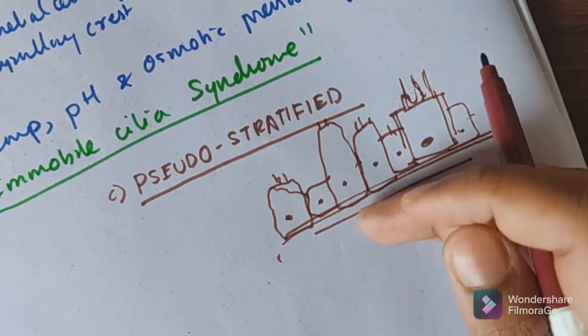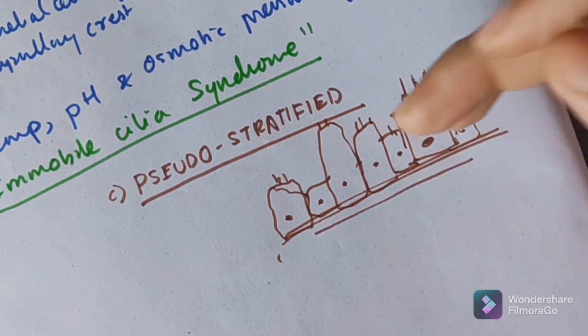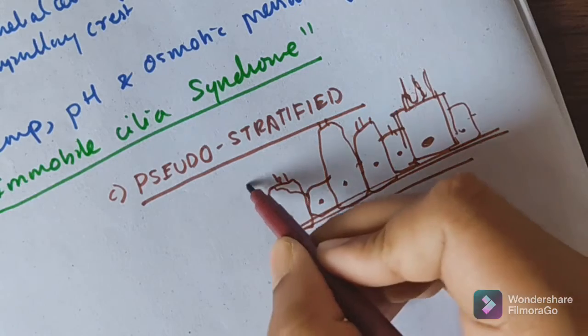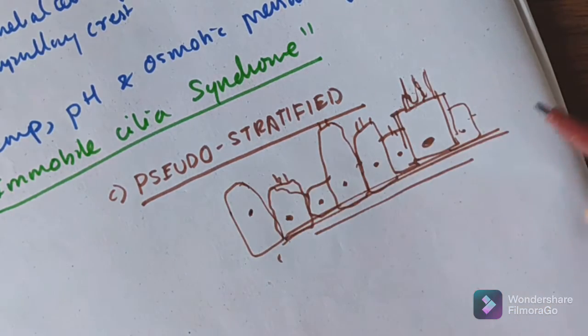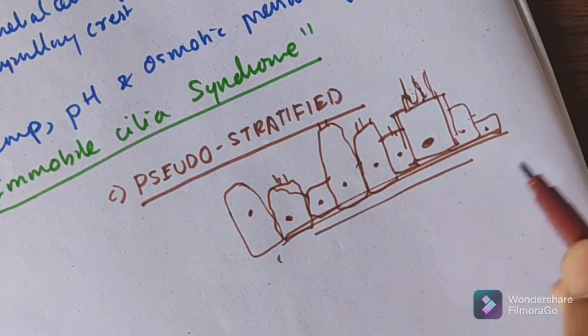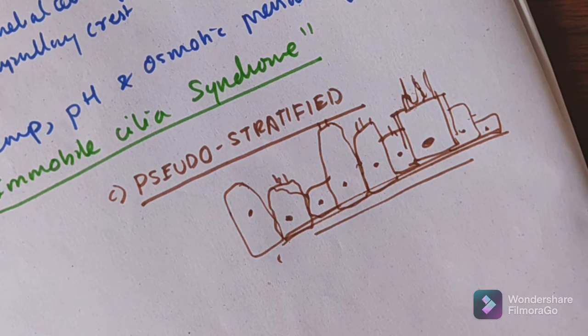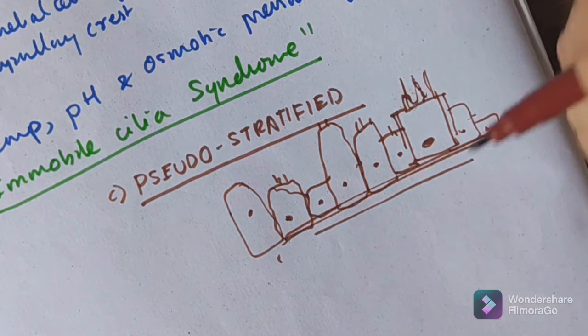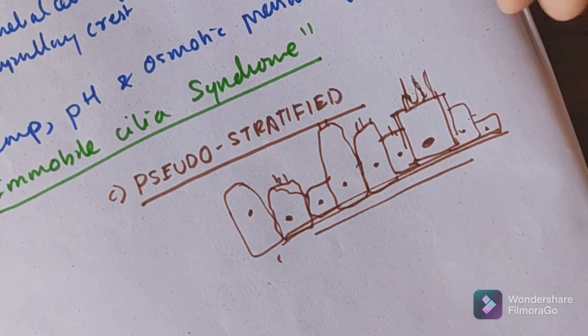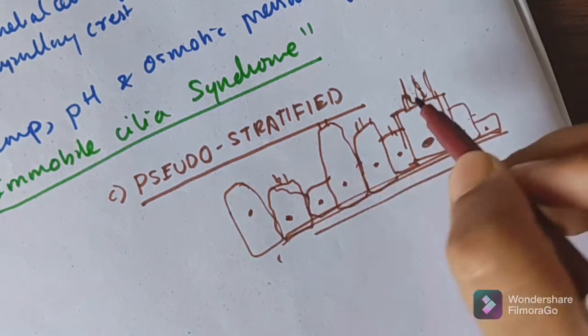All cells do not reach the surface, and so their nuclei are at different levels, resembling false stratification. Suppose the nucleus is here, some may be here.